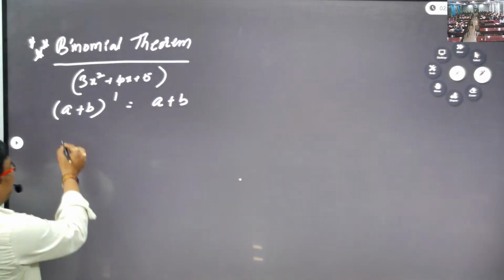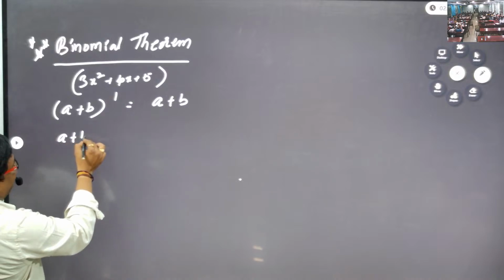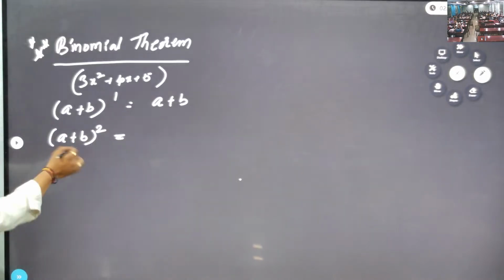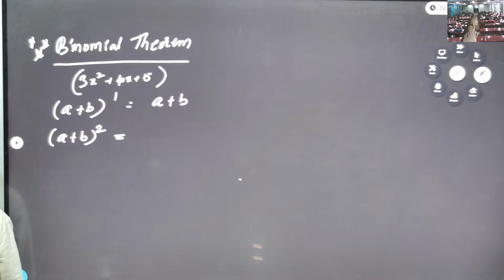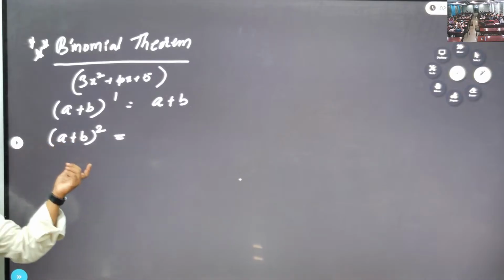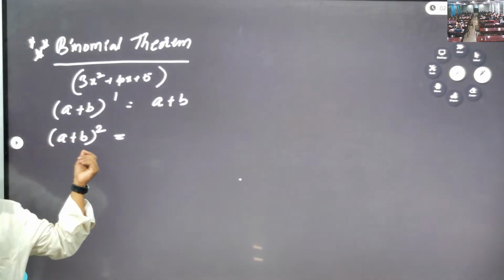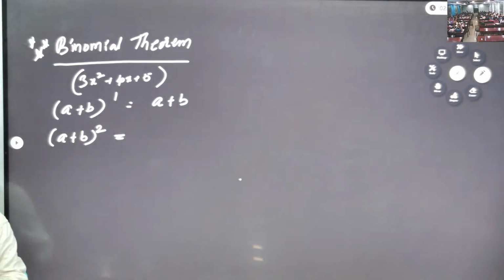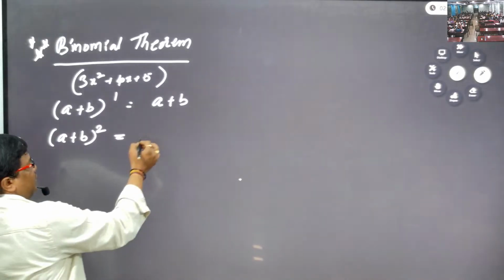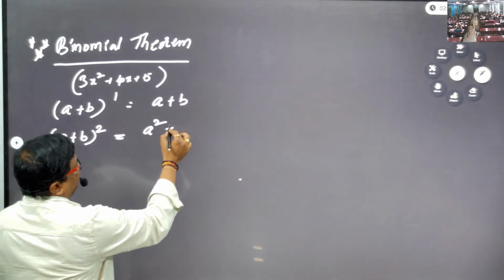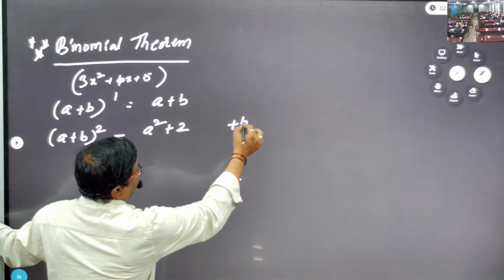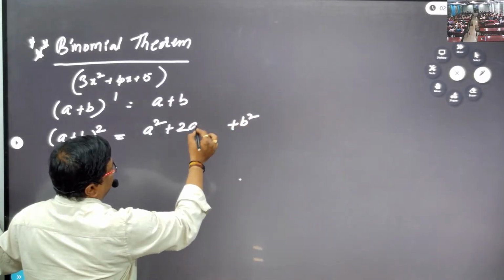If I write a plus b whole square, how many elements are there within the braces? Only 2 elements, a and b. What is the value of a plus b power 2? The general formula we know: a square plus b square plus 2ab.